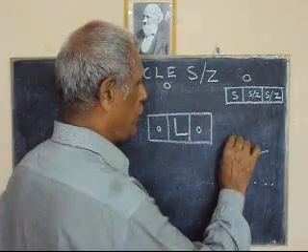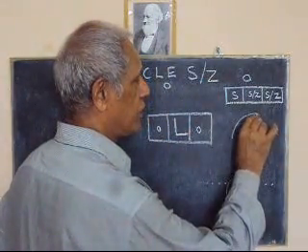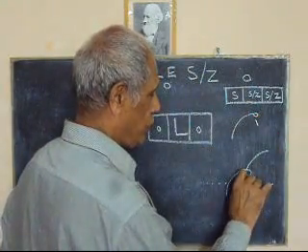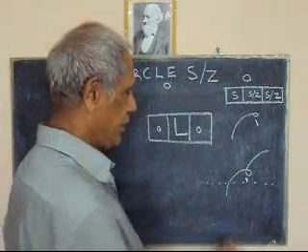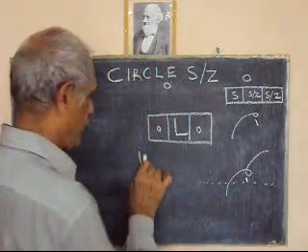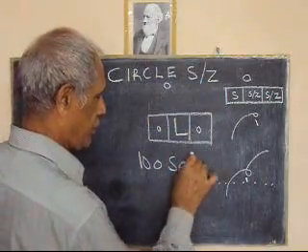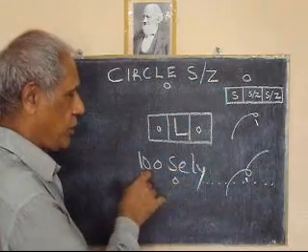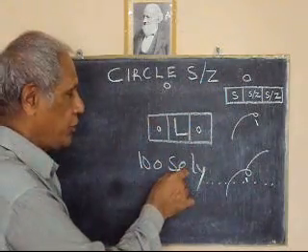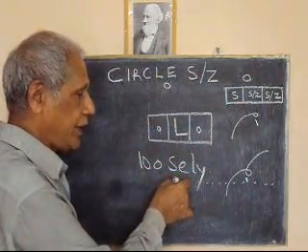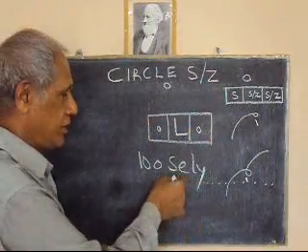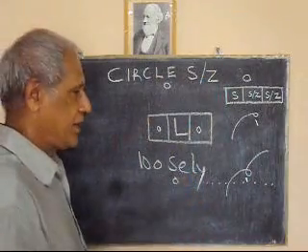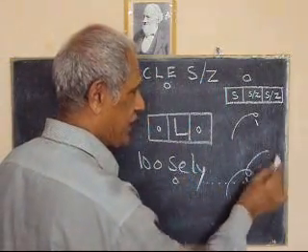Loosely. L. Loosely. Now here S comes after L. Now the circle is attached to another L. The circle S is attached with another curve, that is L. So loosely.